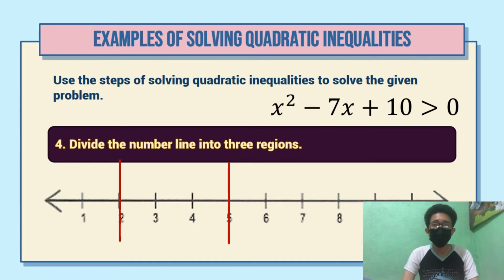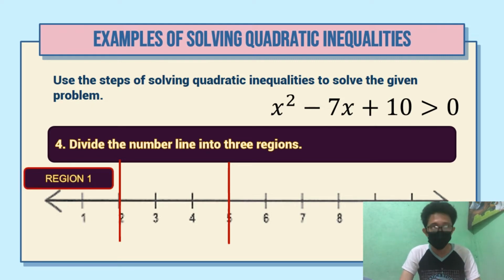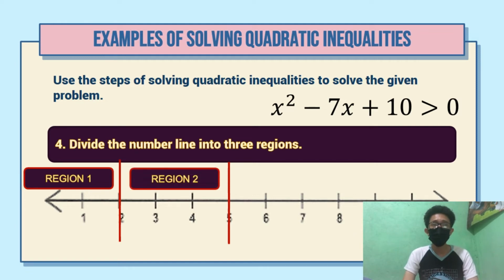Region 1 are those numbers below 2, so from 1 down to negative infinity. For region 2, these are numbers in between 2 and 5, therefore from 2.01 up to 4.999, as long as it does not reach 2 or 5.